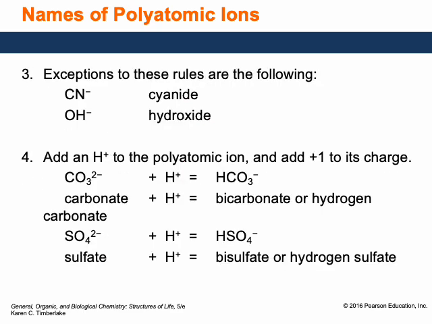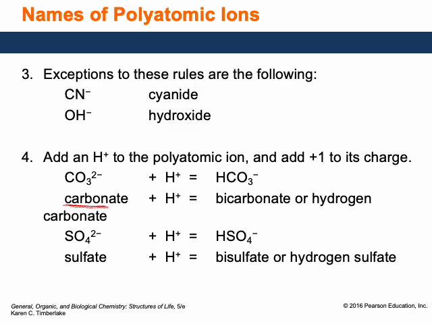Exceptions to these rules are here. For instance, CN- is called cyanide, OH- is called hydroxide. Whenever we add a hydrogen to a polyatomic ion, we add a +1 charge to its charge as well. For instance, CO3 2- is called carbonate.